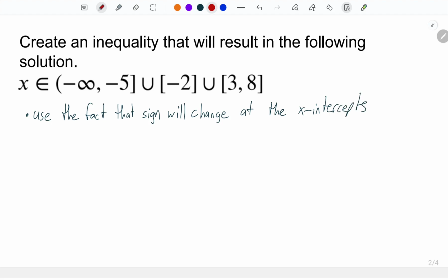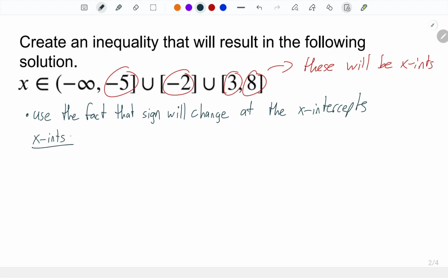And so that means these numbers that we have here, -5, -2, 3, 8, these will be x-intercepts. Okay, so let's start with that. So we have x-intercepts of x equal to -5, -2, 3, and 8.